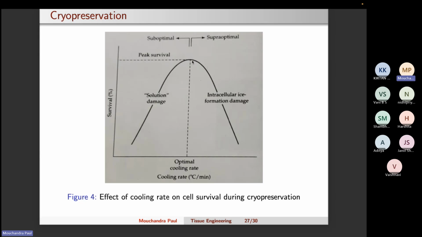But due to the solution effect, meaning dehydration of the cells due to the creation of a hypertonic environment, you will see the cell survival percentage declining on the left hand side of the graph. Here the cooling rate is not optimum, because of that it's happening.